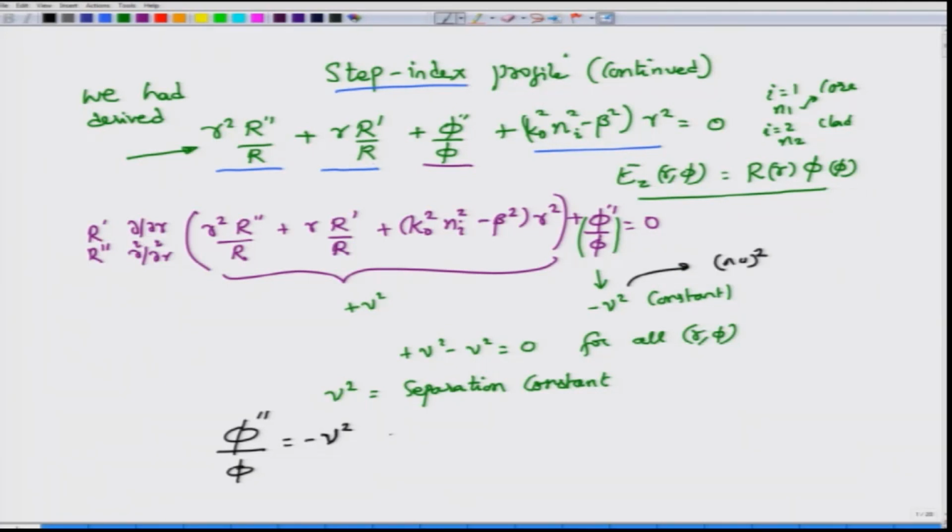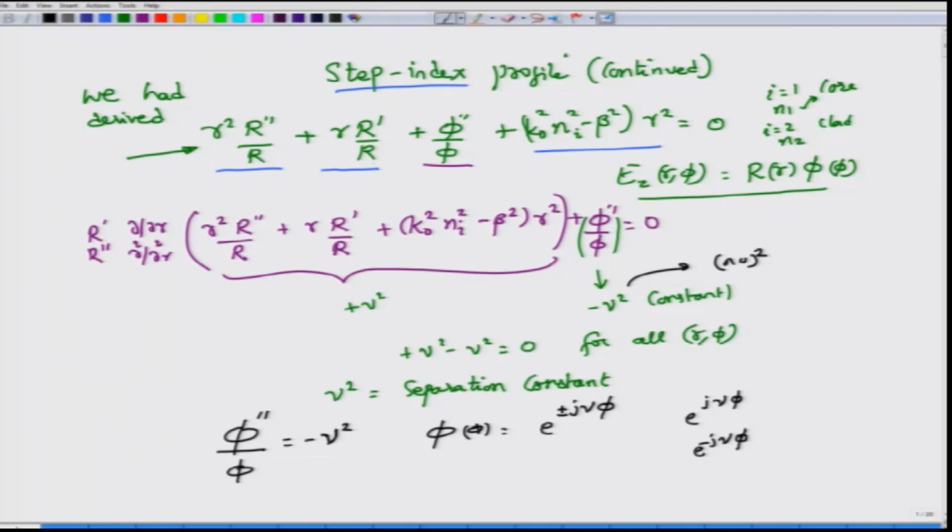This equation is a second order homogeneous differential equation whose solutions, as you can verify, are given by e to the power plus or minus j nu phi, right. Now, either I can choose e to the power j nu phi or I can choose e to the power minus j nu phi, whichever solution I choose is perfectly fine.